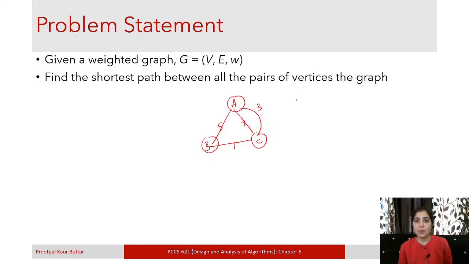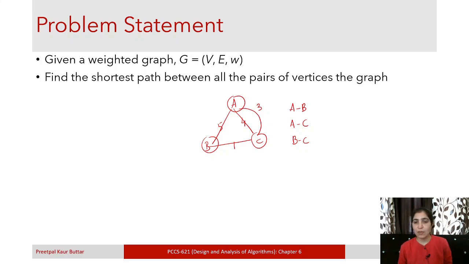So what are the different pairs of vertices here? AB, AC and BC. So these are the different pairs. I think these are the only three pairs with three vertices.